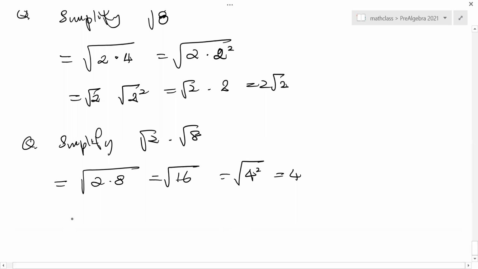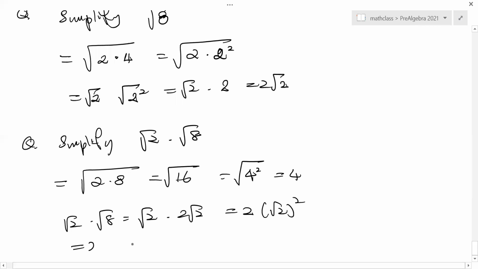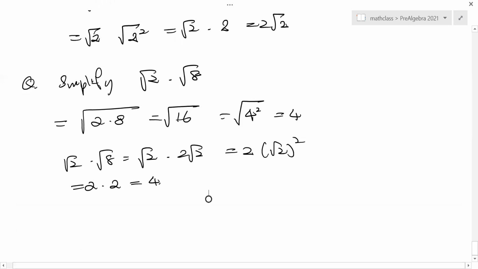Another way you can do it: the square root of 8 is 2 square root of 2. So you have square root of 2 times 2 square root of 2, and the square root of 2 squared is going to be 2. So that's why it's 4. It's the same answer, but a different approach.